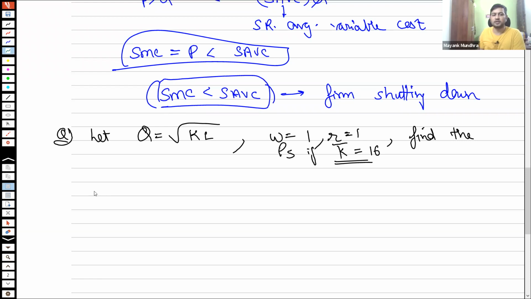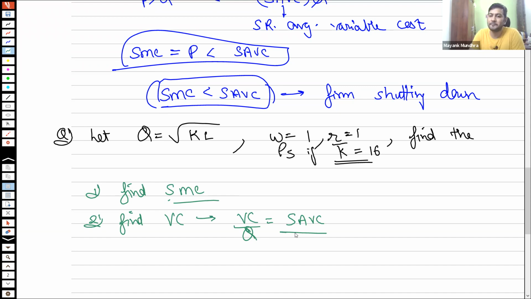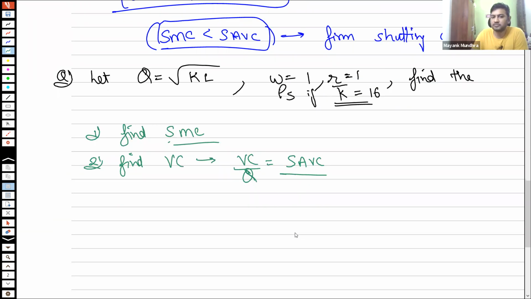So step one must be to find the short run marginal cost function. Step two must be to find variable cost, and then variable cost by quantity would be equal to your short run average variable cost. So first you find these two things and then see when short run marginal cost becomes lower than short run average variable cost. Now, ideally, you would want to find these in terms of quantities.